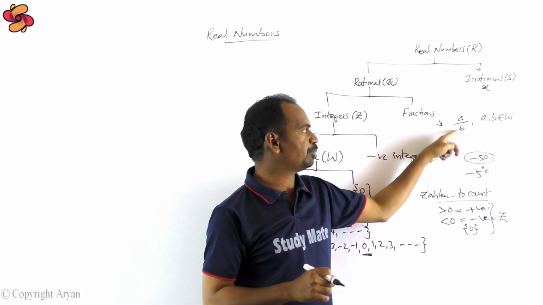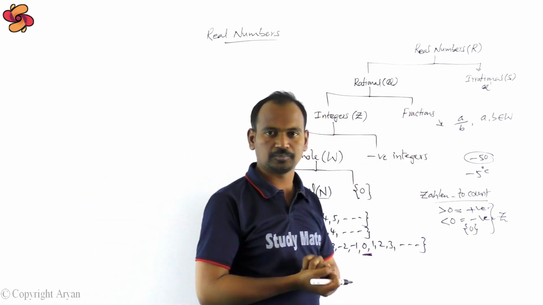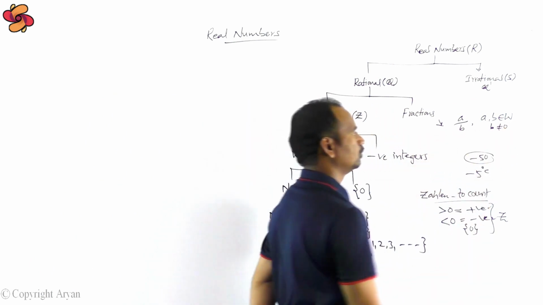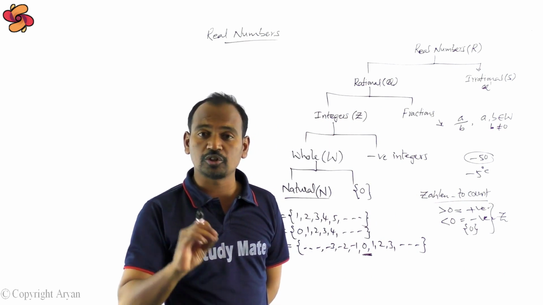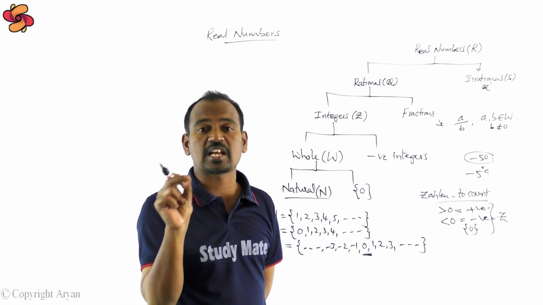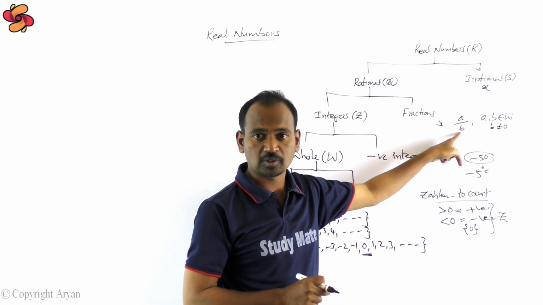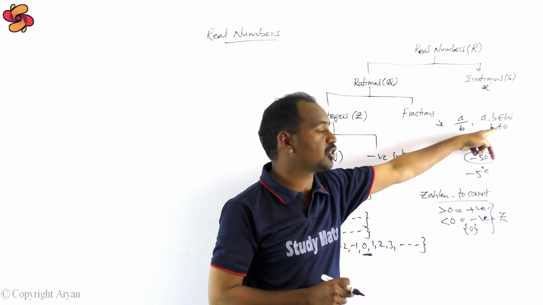Mean A and B are any two whole numbers and B is not equal to 0. Mean the denominator must not be 0. Here, B is in the denominator, right? That denominator must not be 0.